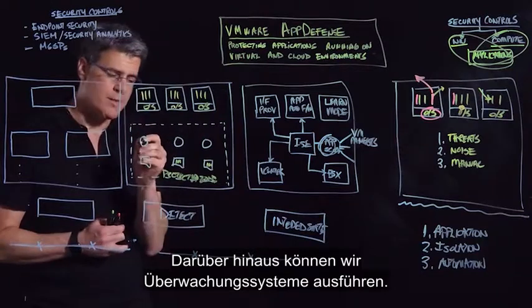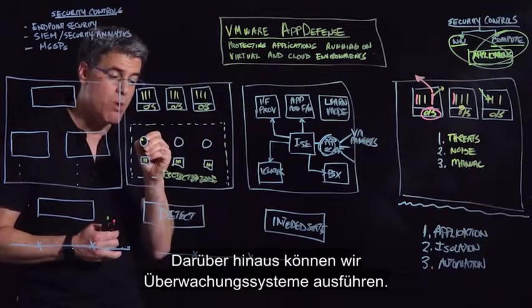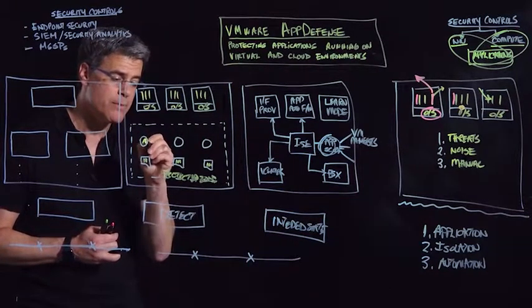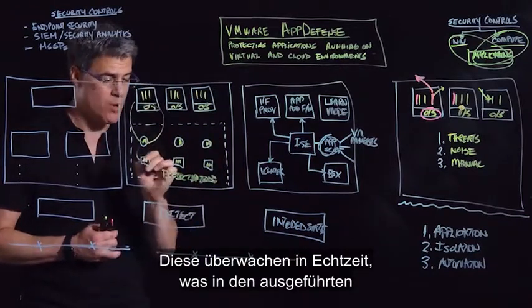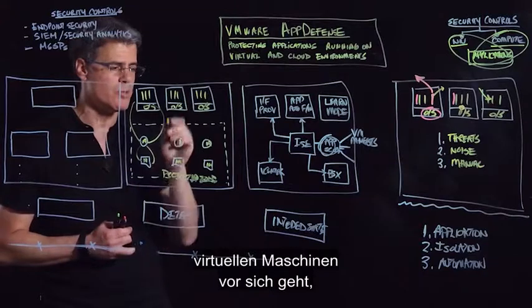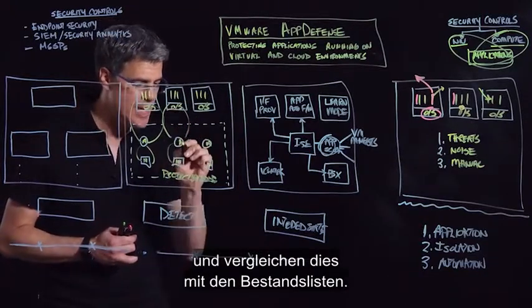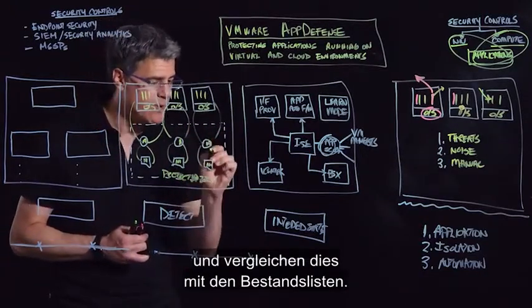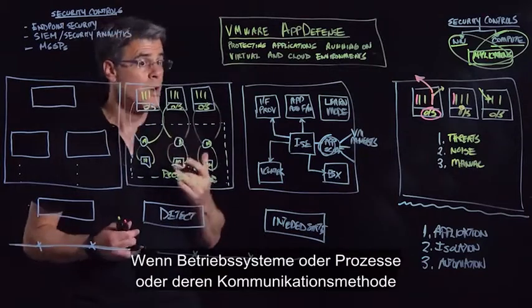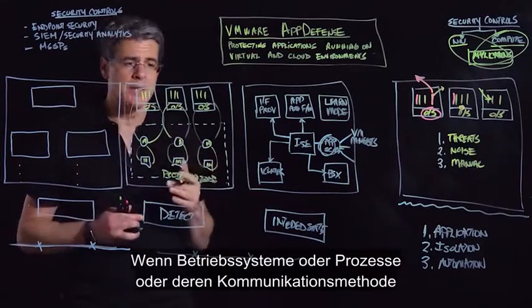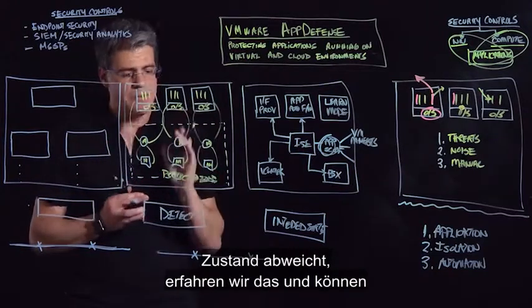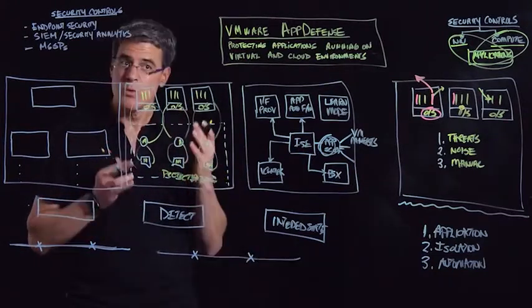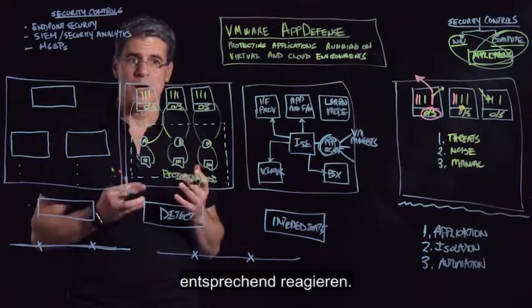We can also run these monitoring systems, which monitor in real time what's happening inside the running virtual machines and compare against those manifests. So if anyone or anything starts to manipulate the operating systems, the processes, or how these processes are communicating, and it deviates from the intended state, we know, and we can respond.